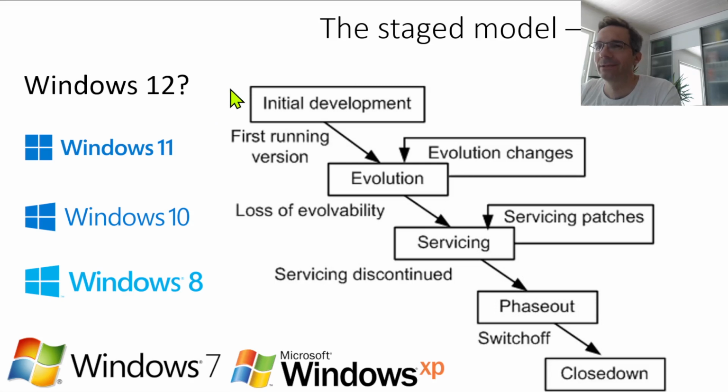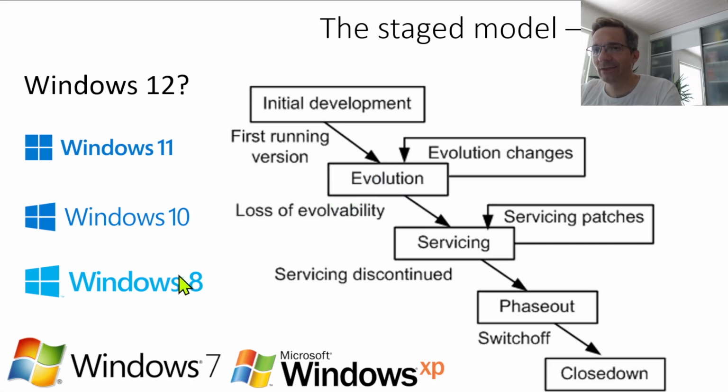They have not at this moment publicly announced it, but I've guessed that initial development is ongoing. Windows 11 first version has been released, so it is entering the early stages of this evolutionary phase. They are also still doing enhancements to Windows 10, but it is at the end of its evolutionary stage.